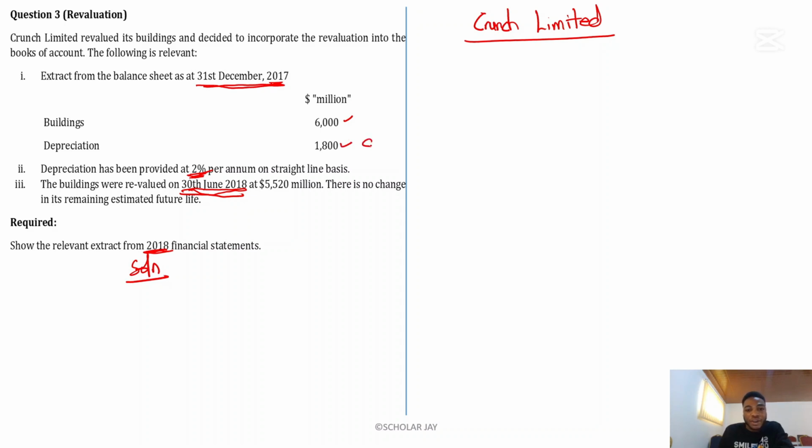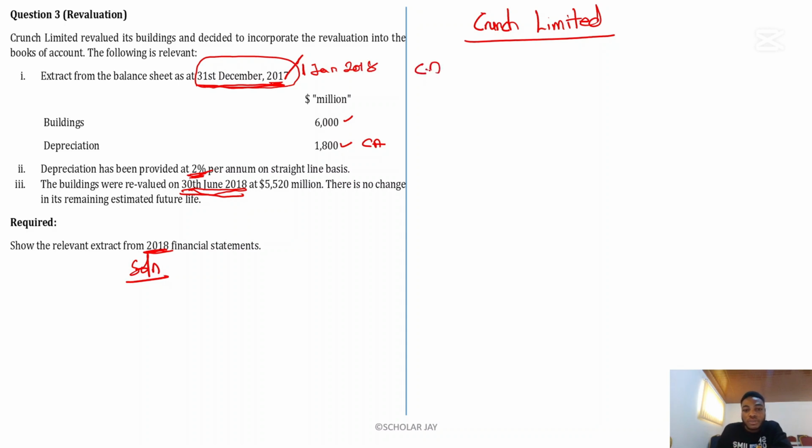What it means is that the carrying amount as at this particular date will be the cost minus depreciation, cost model. Do you agree? Yes. And I know you are appreciating it. All right. So you know that this 31st December 2017 is the same as me saying 1st January 2018. You agree? Okay, let's take it.